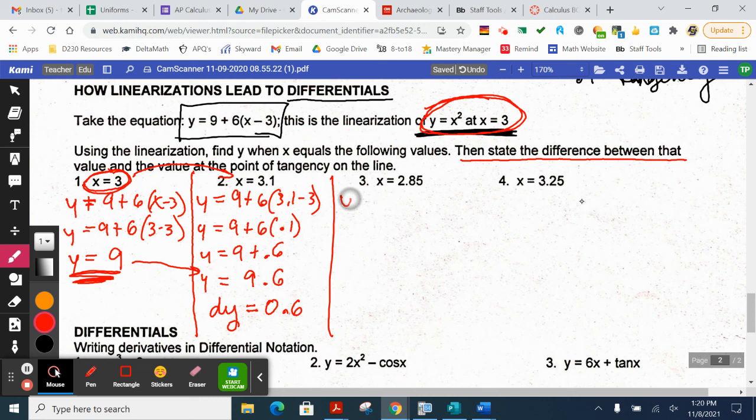Next one. Same exact thing. Go ahead, plug in 2.85 minus that 3. And again, we'll be overly thorough here. Show that that difference is a negative 0.15.